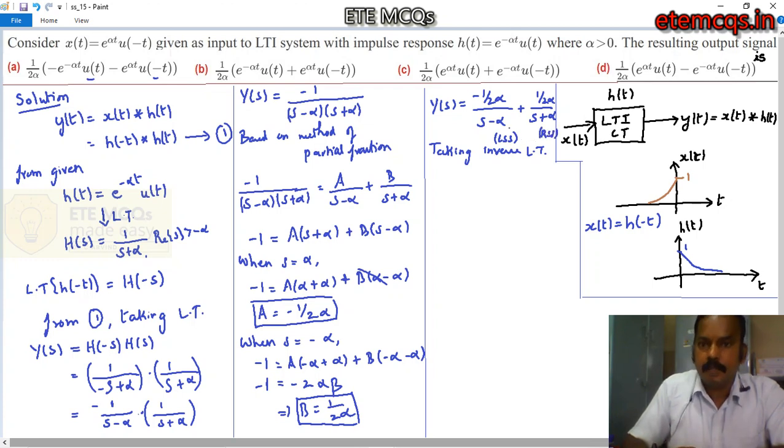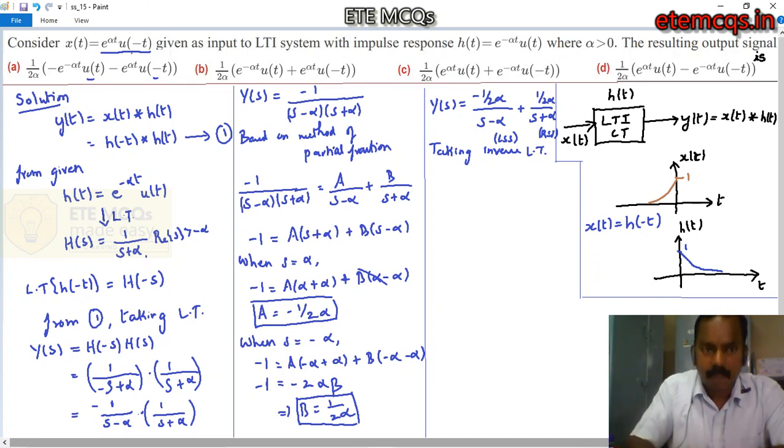So based on that, the inverse of 1 by s minus alpha is e power alpha t u of minus t, and for the other one, for 1 by s plus alpha, it is e power minus alpha t u of t. Because this term s minus alpha is basically coined from the Laplace transformation of e power alpha t u of minus t.